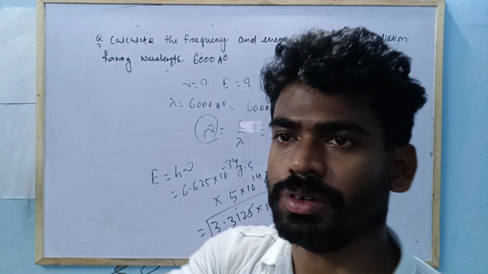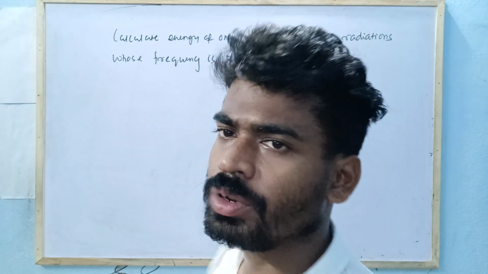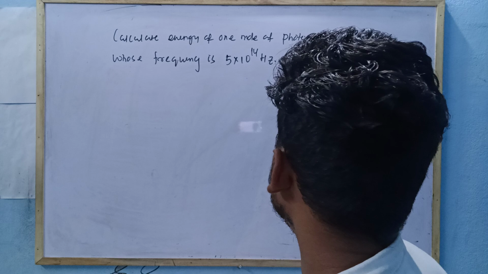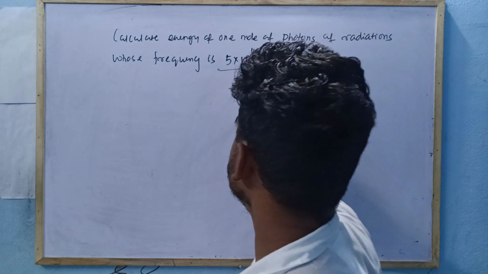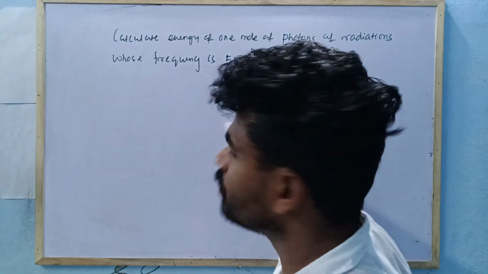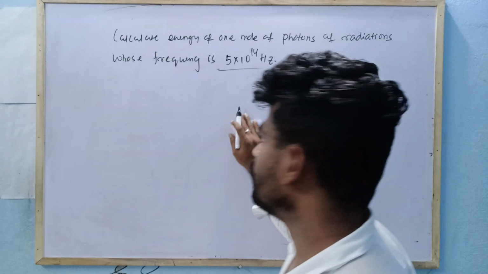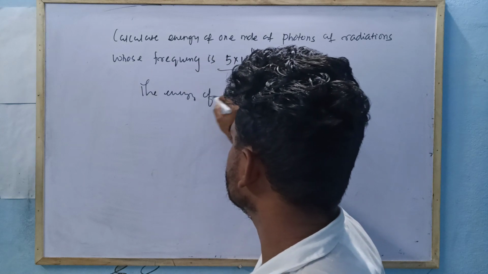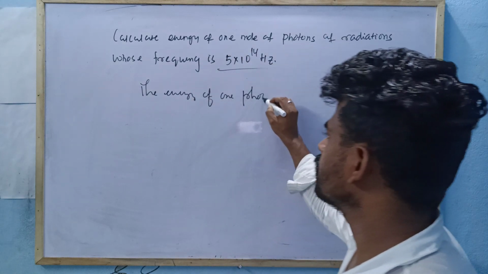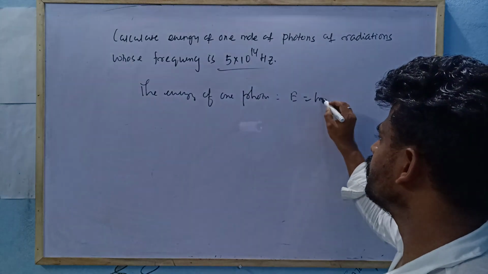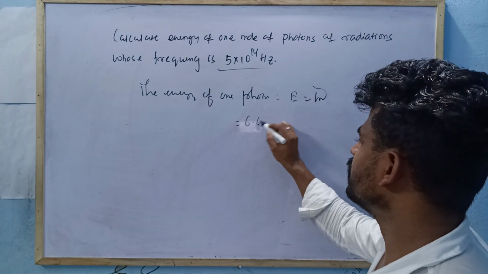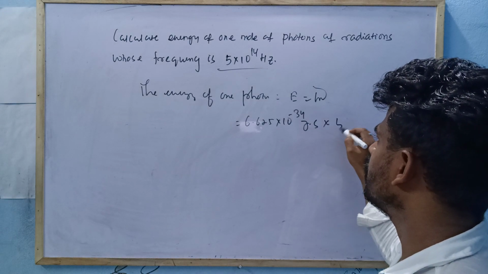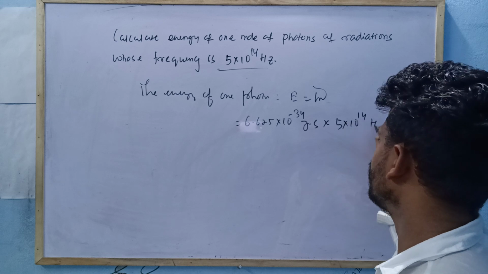Very good. Next, students, calculate the energy of 1 mole of photons of radiation whose frequency is given as this much Hz. First calculate the energy of one photon. E is equal to h nu, so h is 6.625 into 10 to the power minus 34 joule second, into 5 into 10 to the power 14 hertz.